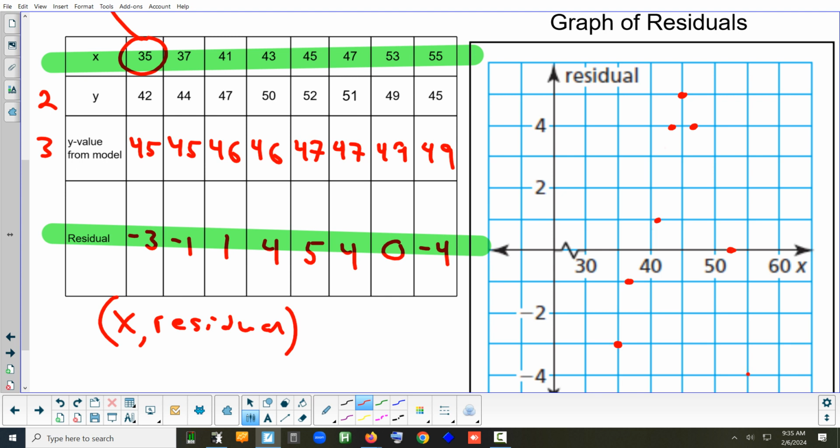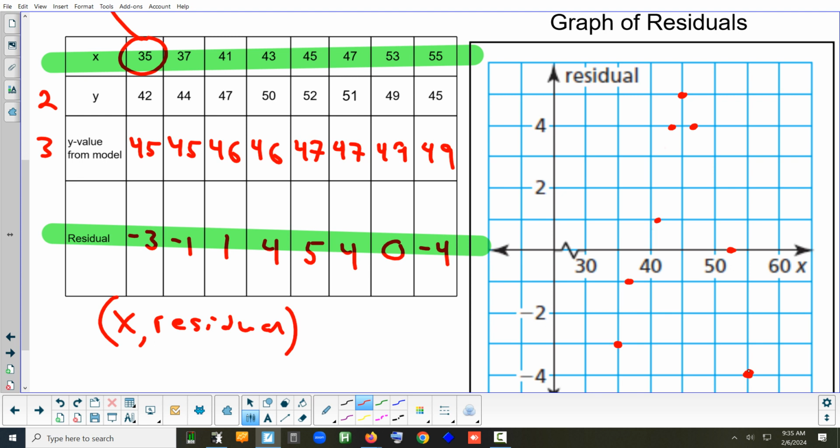1, 2, 3, 4. So how many residuals were above the line? 4. How many were below? 3. So it's a pretty even split on the residuals.